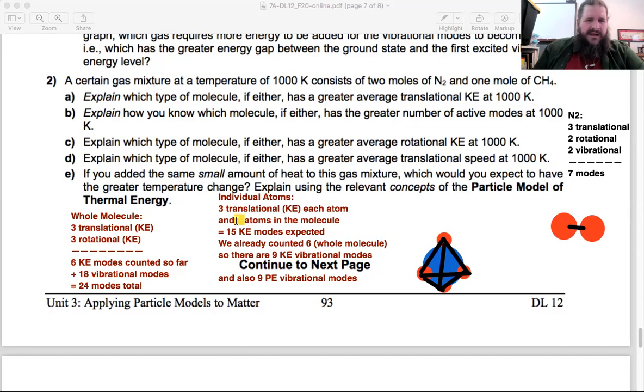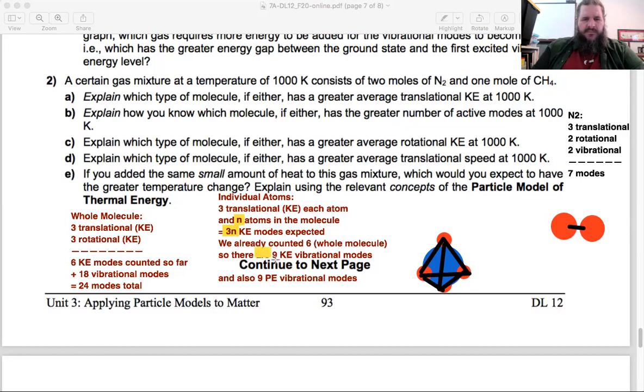Okay, so we have n atoms. Then instead of having 15 kinetic energy modes, we'd multiply 3 times n. And so we just have this arbitrary 3n. So let's say 3n is the number of kinetic energy modes we would expect. We've already counted 6. So how would you figure out how many leftover extra modes there are? 3n minus 6.